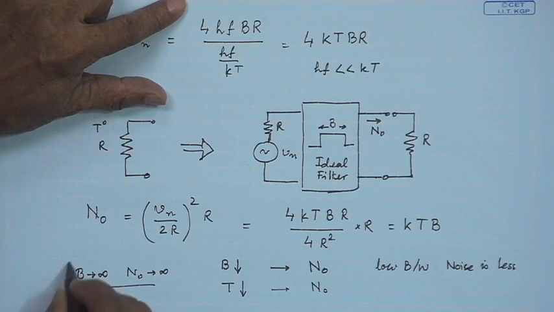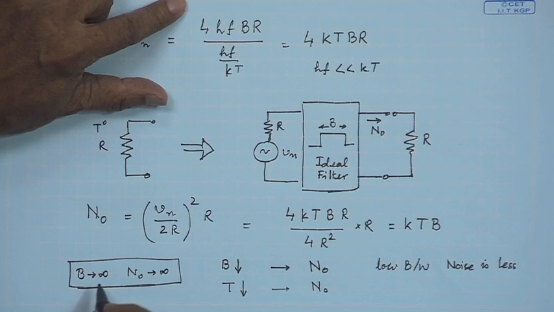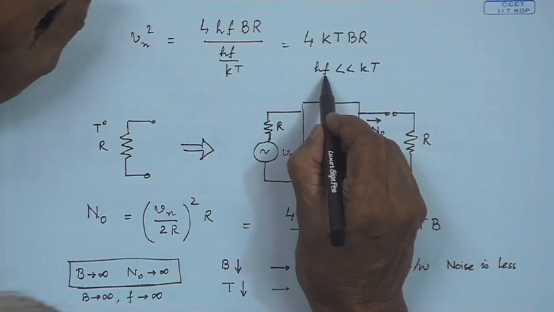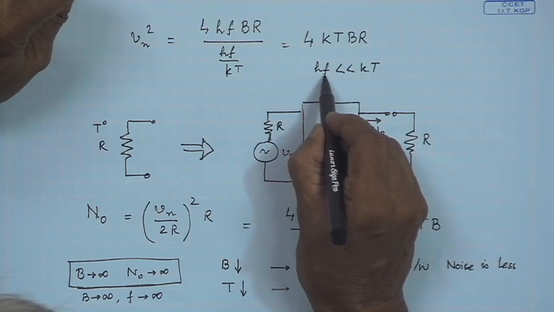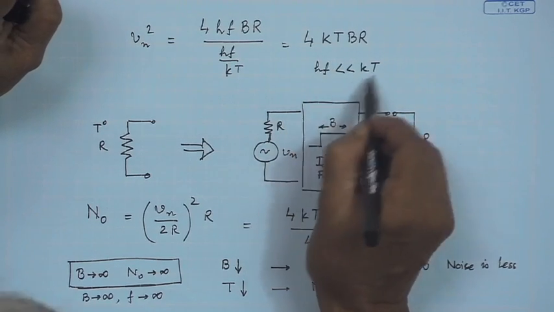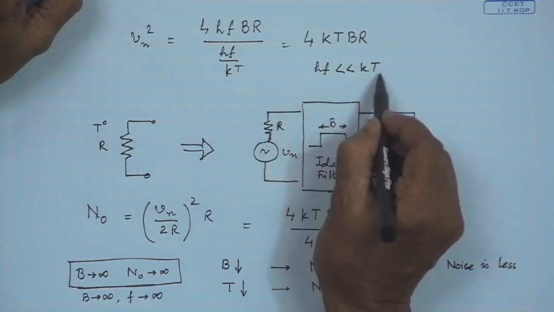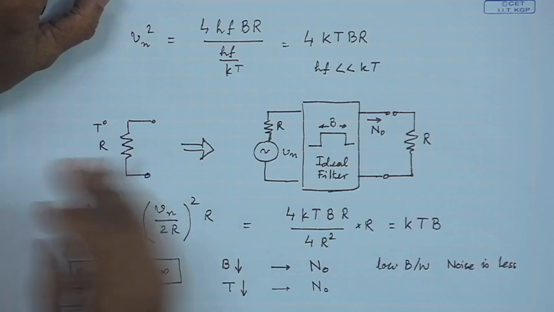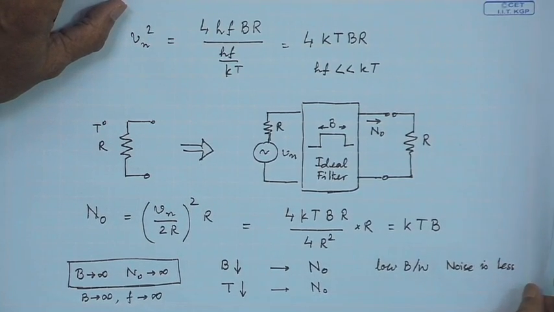No, this is not true, because B infinity means f is infinity, and in our basic derivation we said that h f is much less than k T. As we go on increasing f, this assumption is not valid. So, in those cases we have to go back to the original Planck formula.